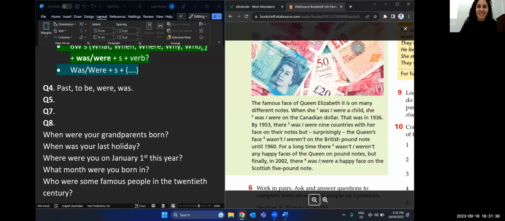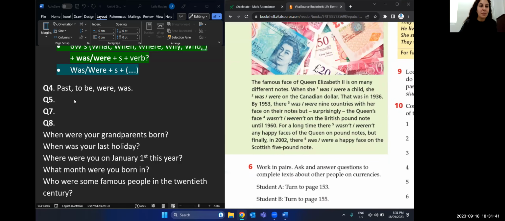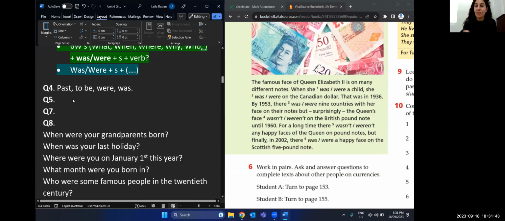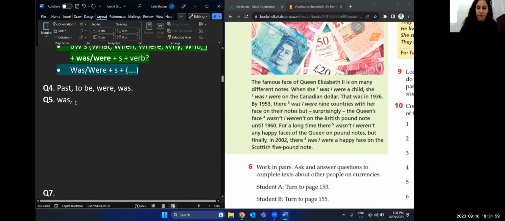Okay, so let's have a look at it together. So the famous face of Queen Elizabeth II is on many different notes. When she, yeah, because she, he, or it, when she was, so when she was a child, she was on the Canadian dollar.